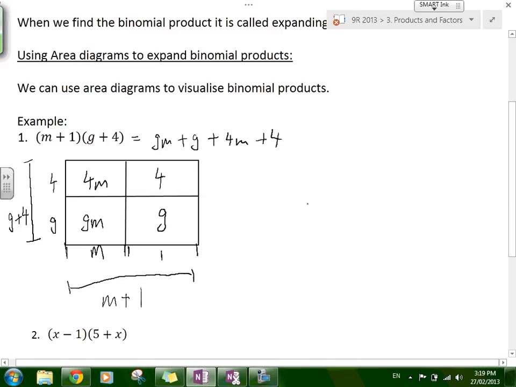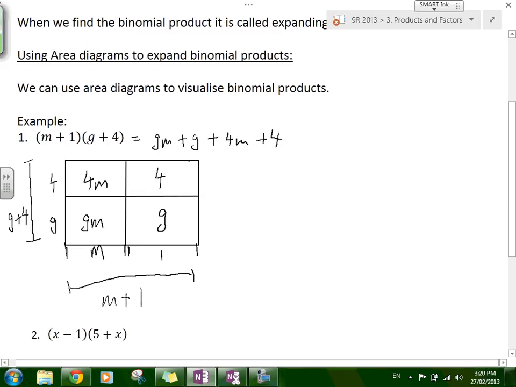I can't simplify it any more. So I've expanded it: GM plus G plus 4M plus 4. Any questions? It has 4 terms.